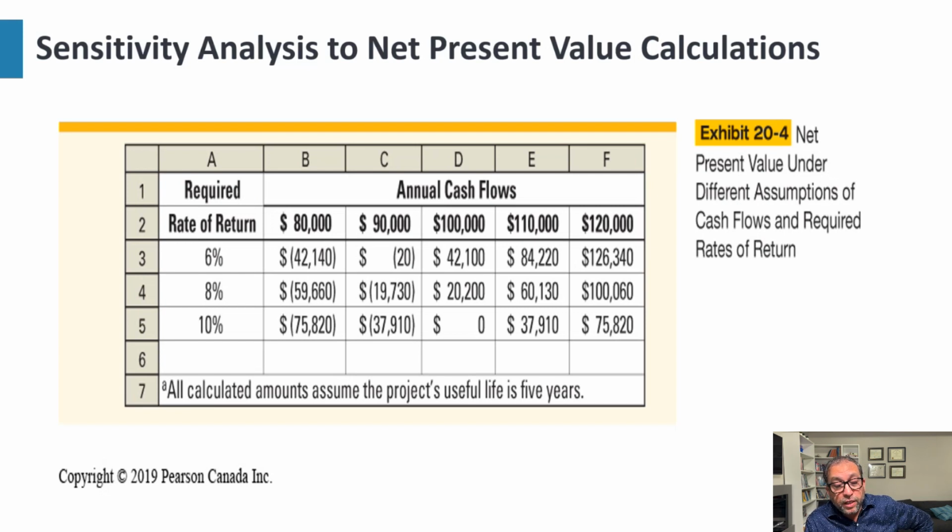If it is 100, then it is 20,000 with the 8%. I'm talking about the 8% which we use in our example. And if it is 110, then the NPV is 60,130. So these are the variations in our cash flows.